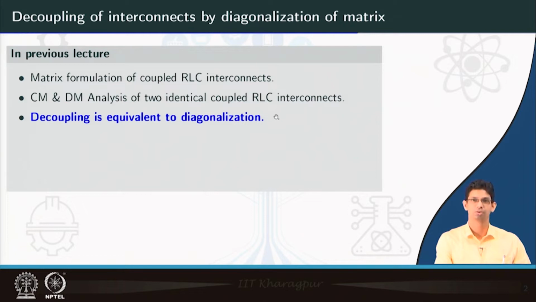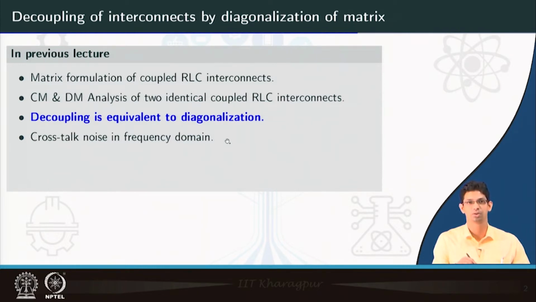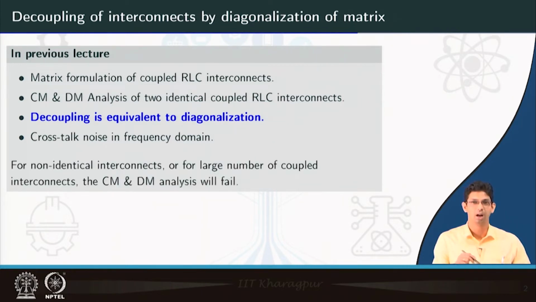In this case also for RLC interconnects, we again saw that the decoupling was equivalent to diagonalization of your matrix. And then towards the end we saw an expression for frequency domain crosstalk noise. However, in general interconnects are not identical and also there are a large number of interconnects.